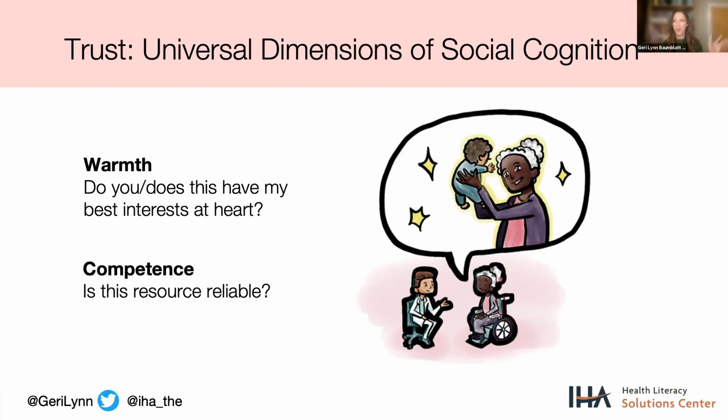I know this is a big point that we were kind of talking about together earlier. Yeah, I think this warmth versus competence really is a huge deal. Even small things can help to communicate that warmth.